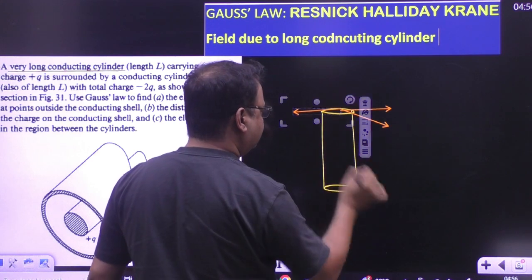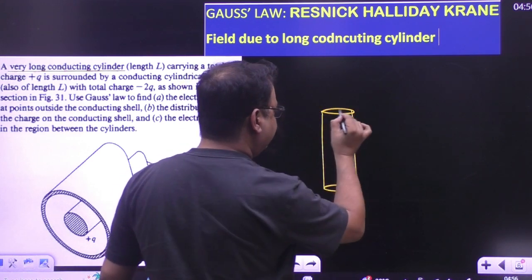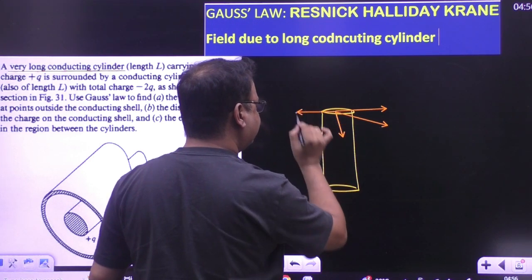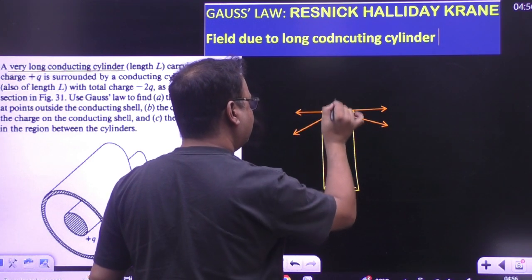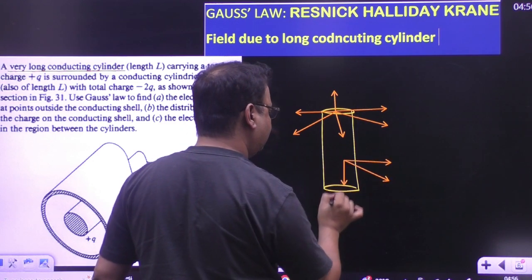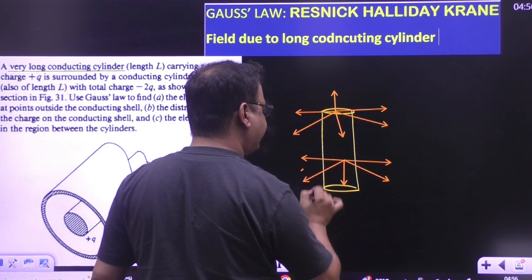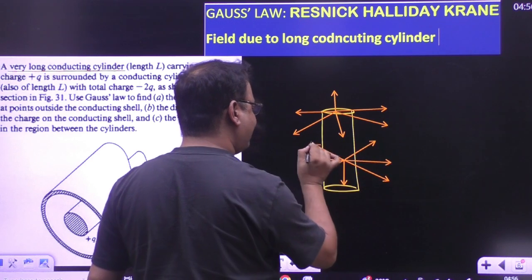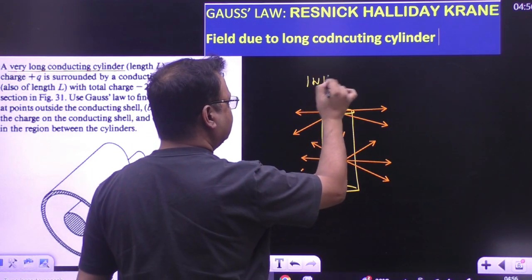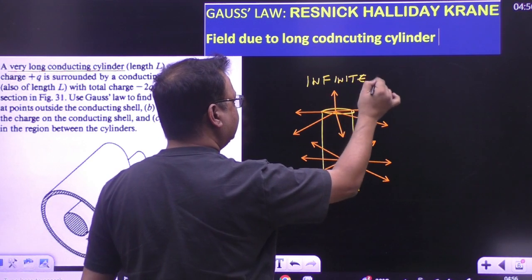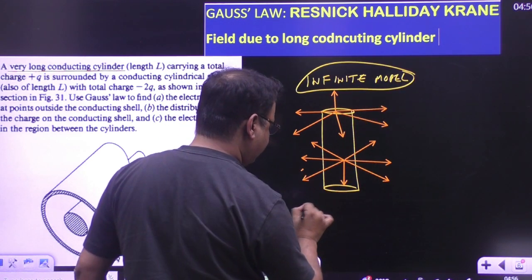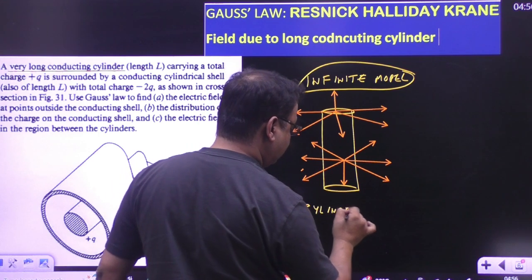Remember, the field in this case has a cylindrical symmetry. The field is perpendicular to the curved surface everywhere and has the same magnitude over any given curved surface. This is for the infinite model. Already we have seen all this in the fundamentals.